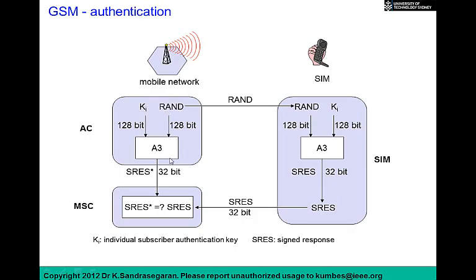So what the network does is it sends this RAND number across the interface to the user during the authentication process, and using this RAND, the SIM card generates a signed result and sends it back. And all the MSC then does is it checks if the signed result that the authentication center generated matches with the signed result it has received from the user. And if it does, that means it must be from someone who knows the key, which is a very confidential piece of information. So that's how authentication is performed.